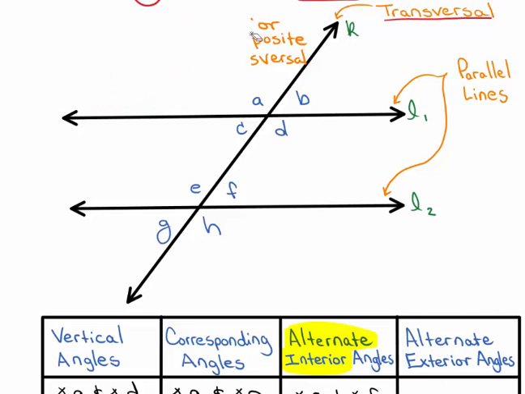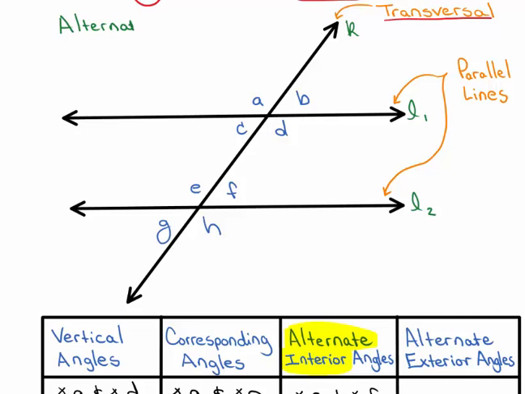So you can probably already guess by the word alternate that they're going to be on opposite sides of the transversal, and the word exterior, they're going to be on the outsides of the parallel lines.